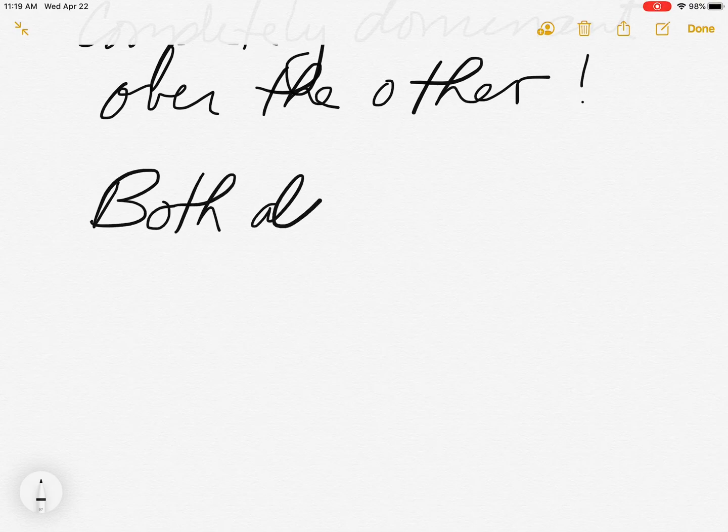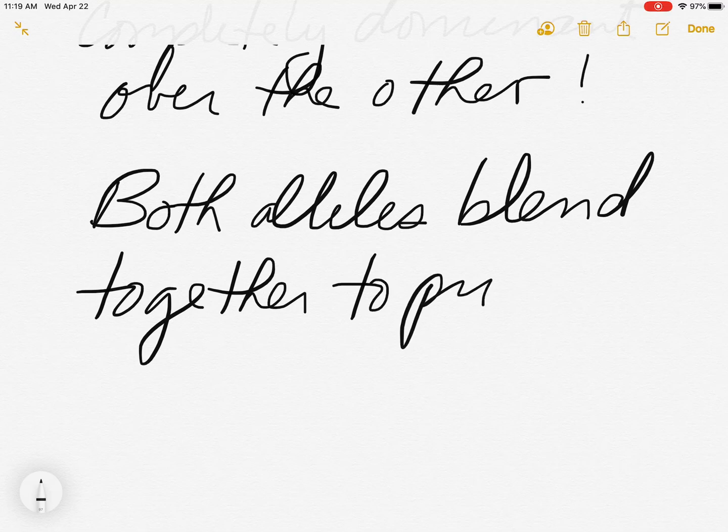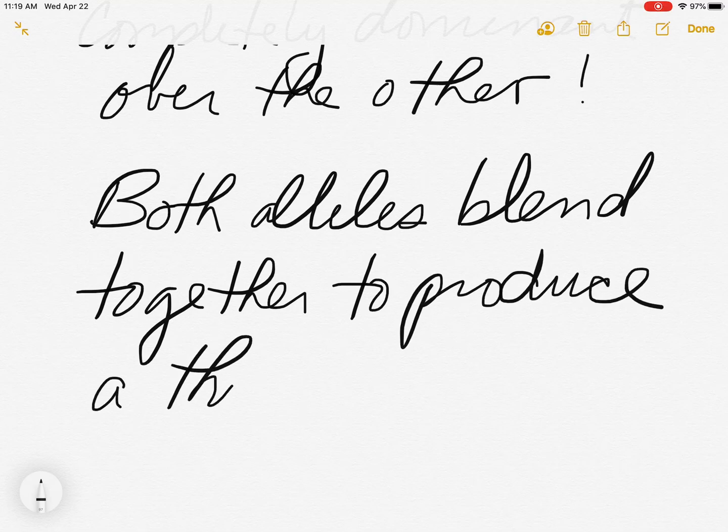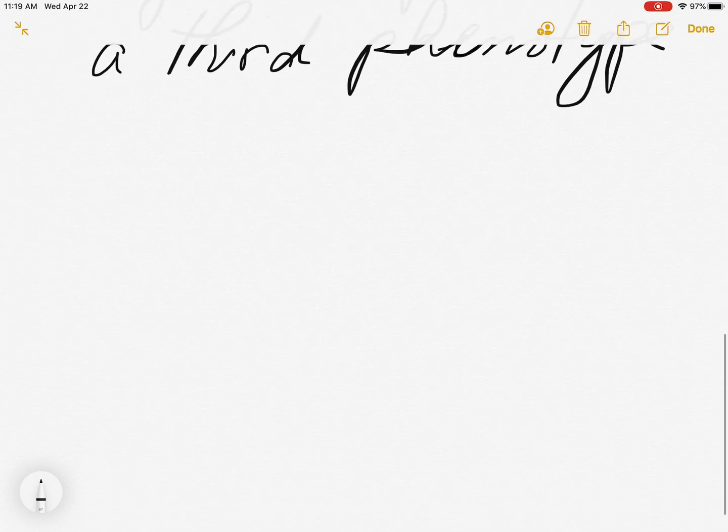Well, it means that both alleles will be blended together to produce a third phenotype. Remember, the phenotype is what you look like. So there'd be a third option.